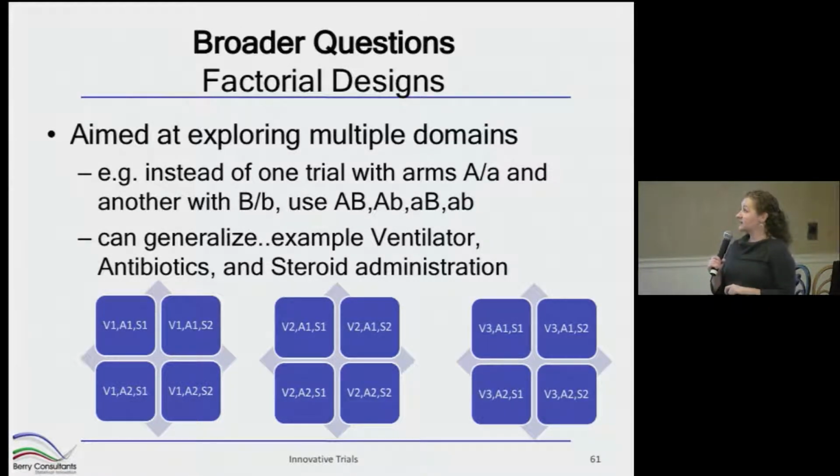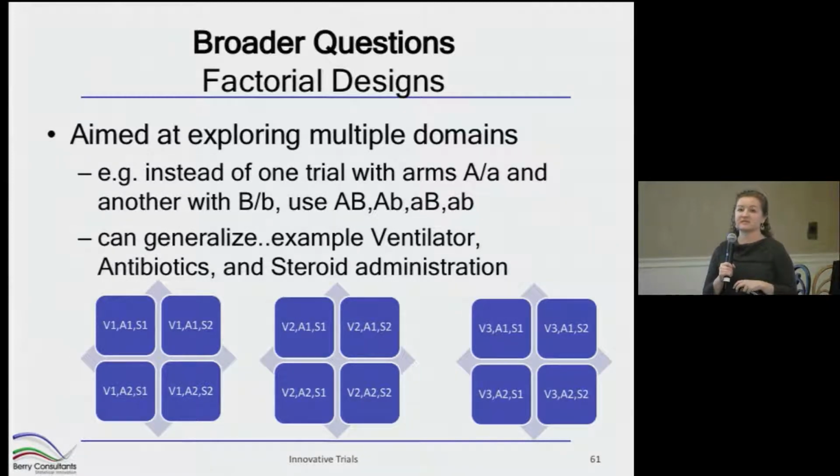The idea here is that instead of comparing just one single treatment versus control, we may be interested in combinations of different treatments. So for example, we may have what I call a domain. In domain A, you can either give big A or little a.